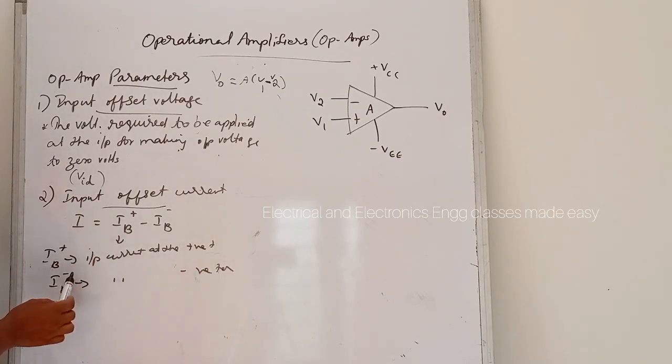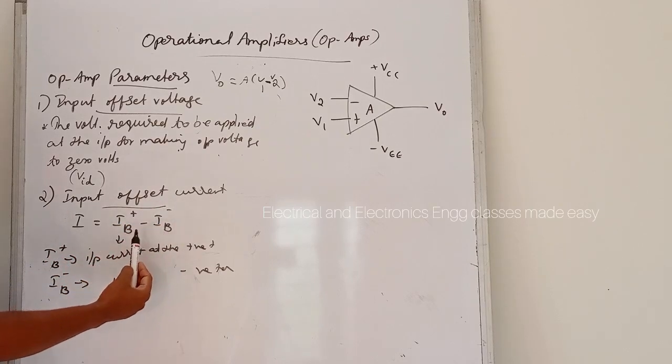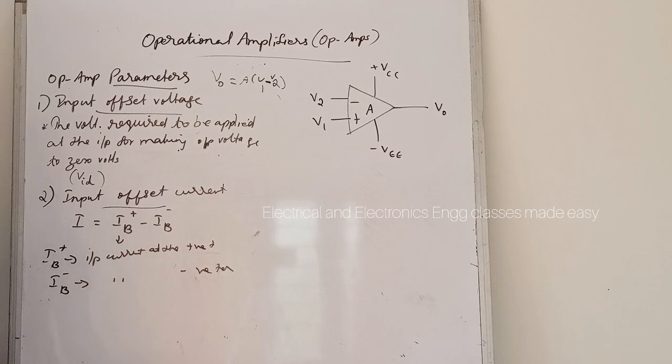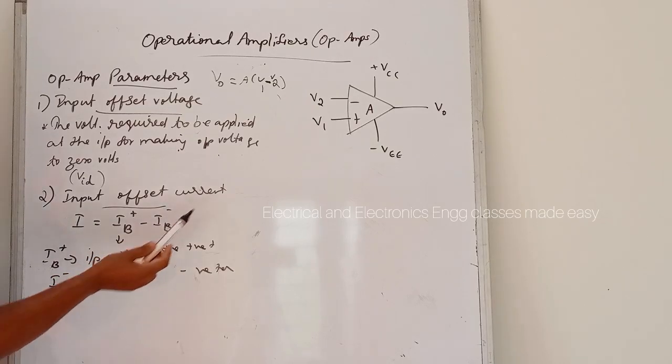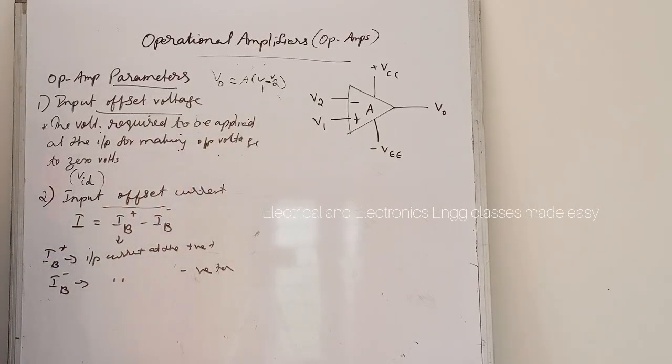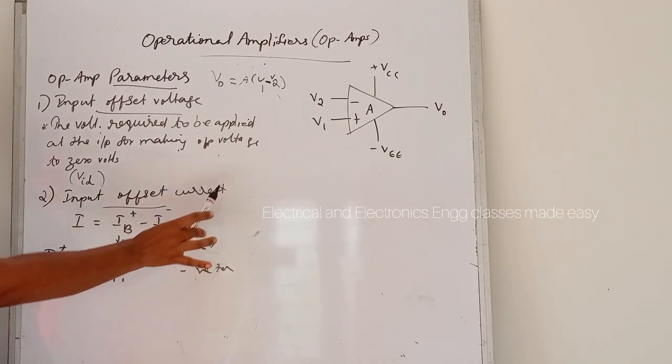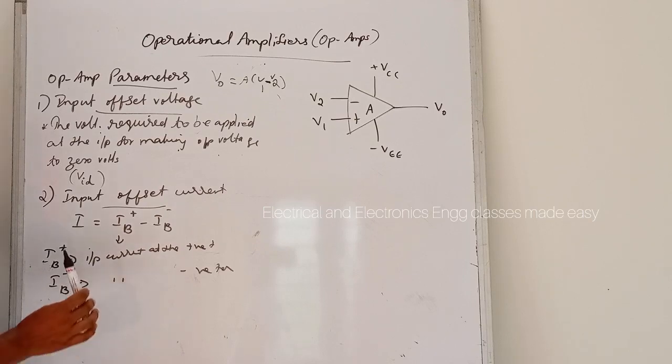So input offset current is the difference between the two input currents, and the smaller the input offset current, the better is the op-amp's performance.